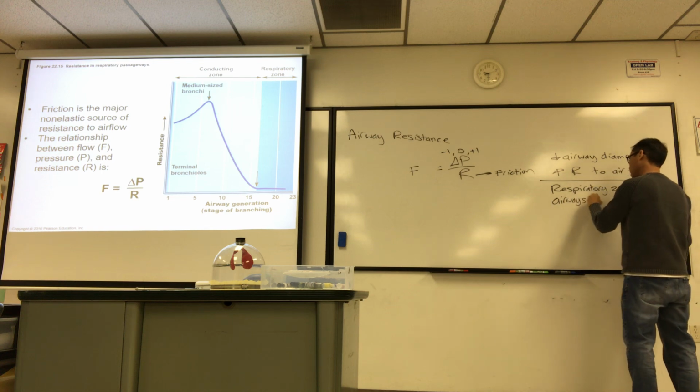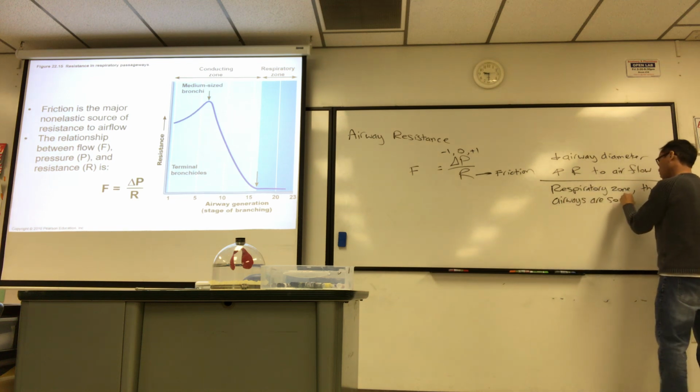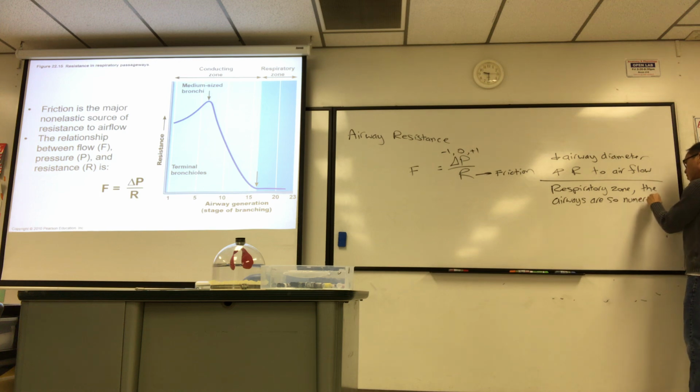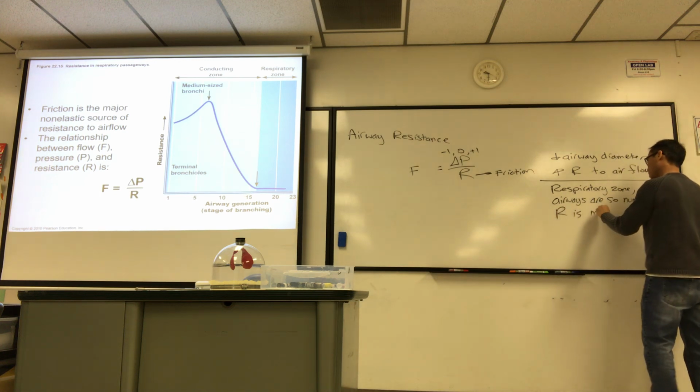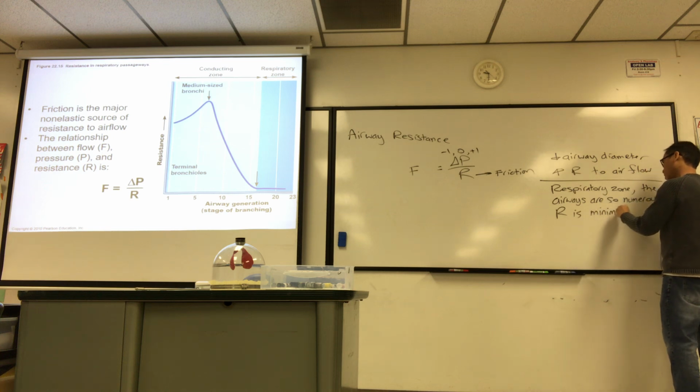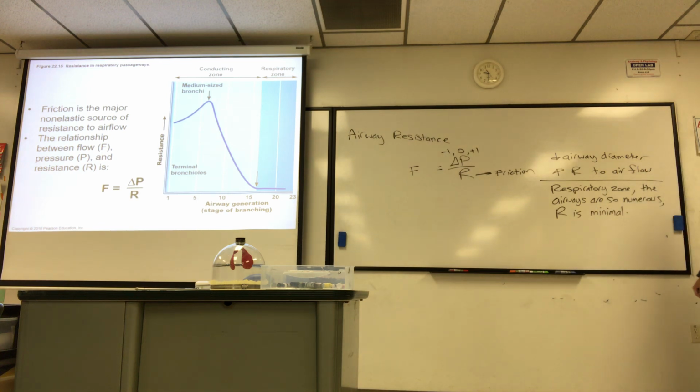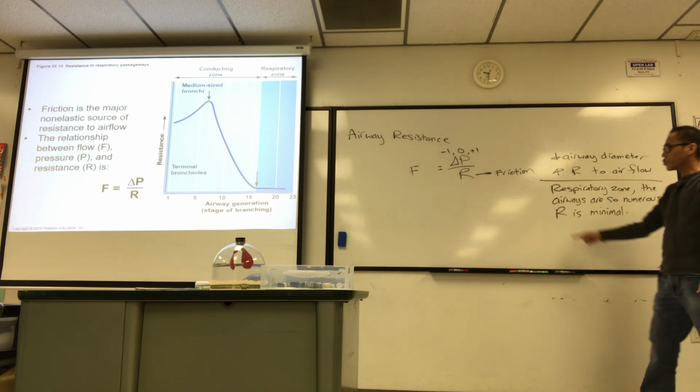The airways are so numerous, capital R resistance is minimal. And you have like 80 million of these small bronchioles. I went through the numbers already, but that's the concept right there. So friction doesn't really play a role when you have so many airways.